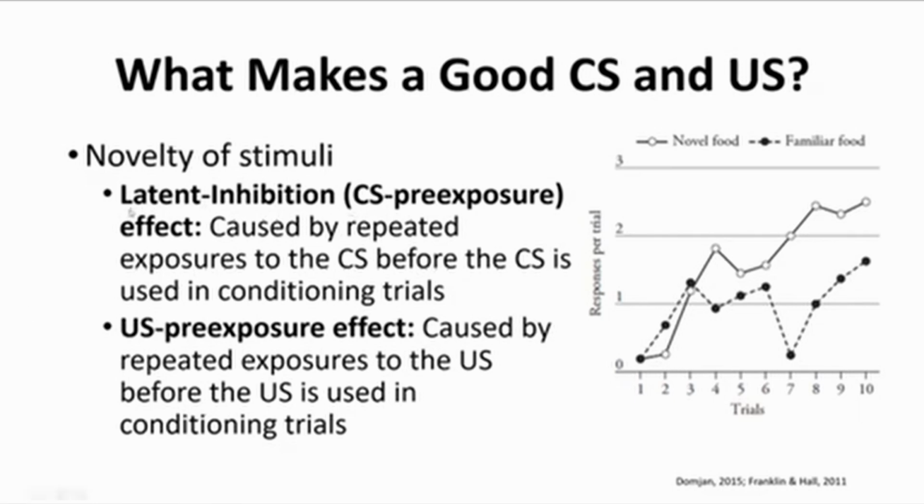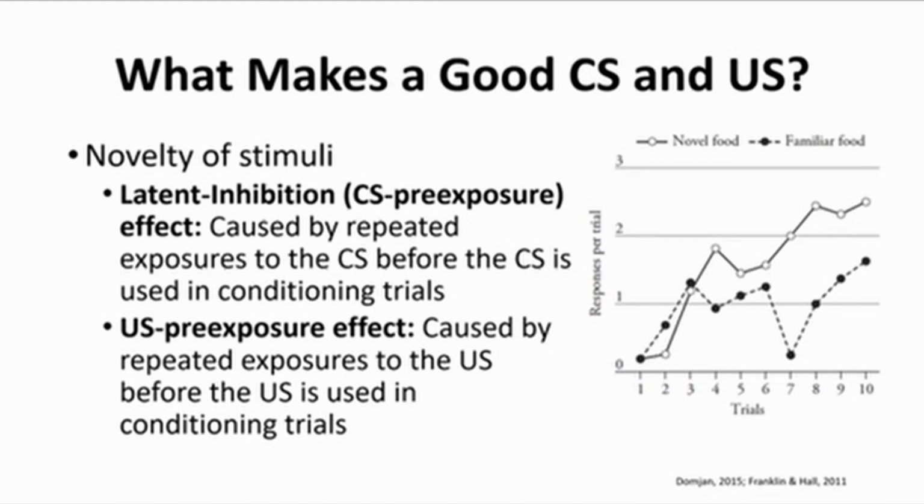This is called latent inhibition, or conditioned stimulus pre-exposure, where you basically have repeated exposure to the conditioned stimulus before that conditioned stimulus is ever used in conditioning trials. So if we were looking at Pavlov's dogs, where we have a tone paired with meat and it leads to them salivating, then our conditioned stimulus is that tone.